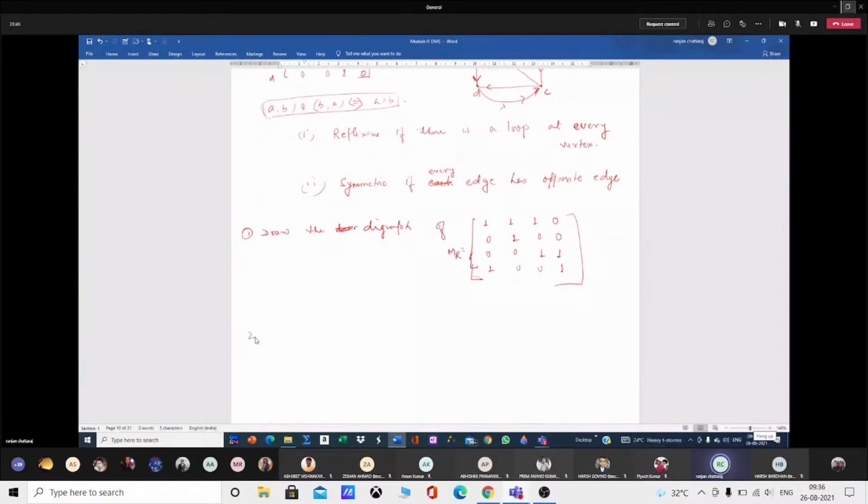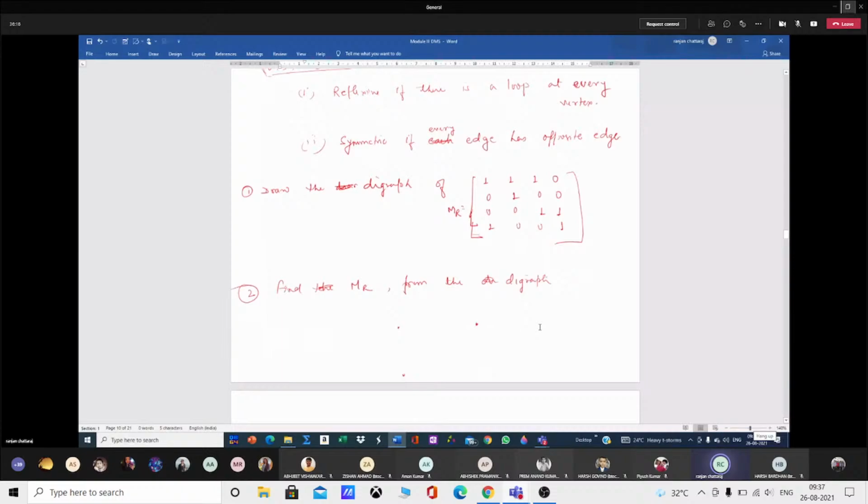And second, find the matrix MR from the diagram. I am not defining the nodes.